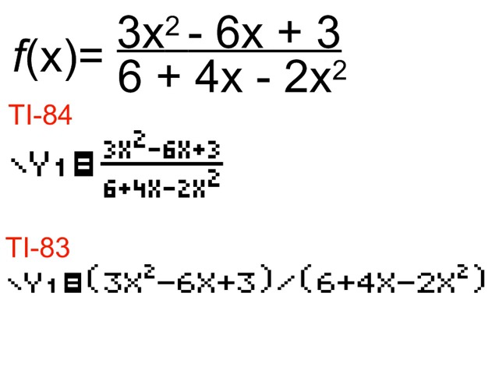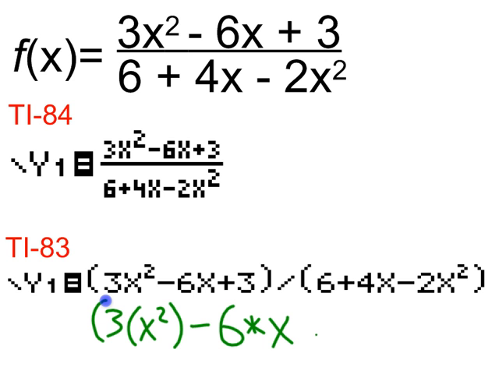I'm noticing that some students could afford to be a little bit more efficient in how they enter functions into their calculator. For example, I've seen some students enter 3 and then add extra sets of parentheses for some reason. And instead of just typing 6x, I'm seeing things like 6 times x.